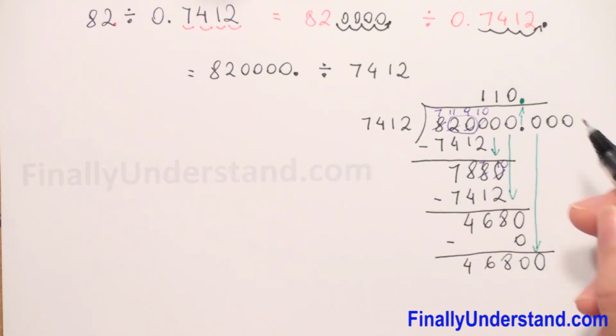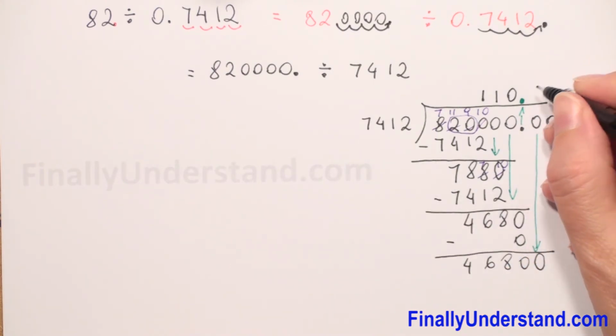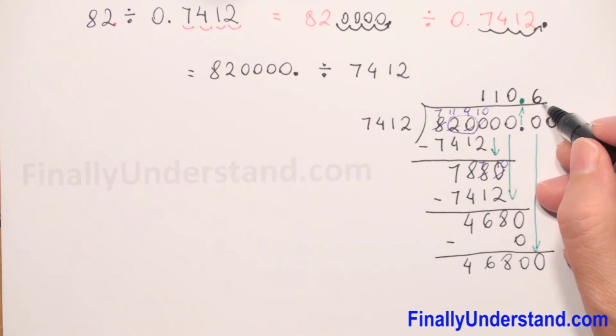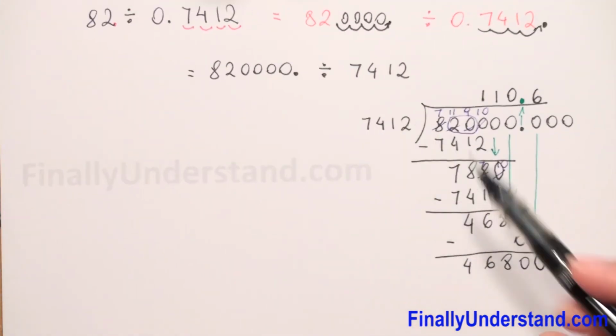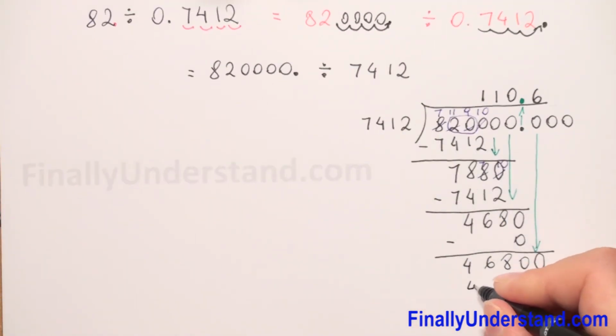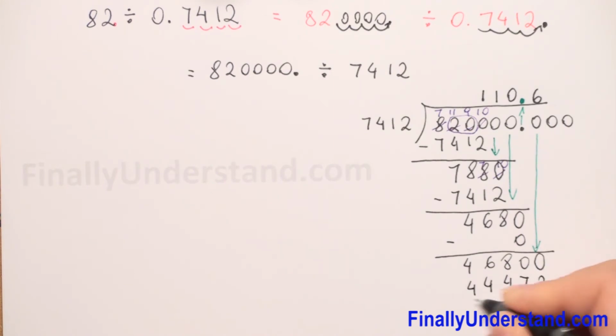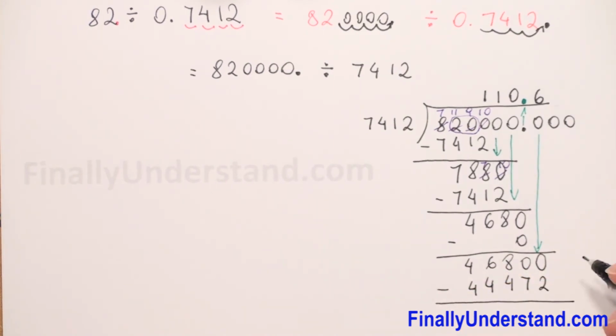7,412 is 6. So on the top we write the answer, and now we have to do multiplication. 6 times our divisor will be 44,472. Again, subtraction. Again, we have 0 at the end, so we borrow 1 from the next digit, because we have 0, so we go to the next.